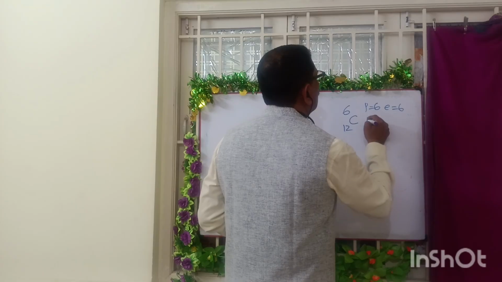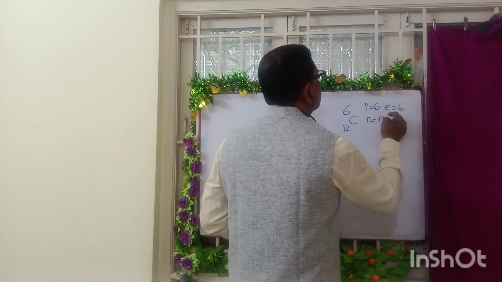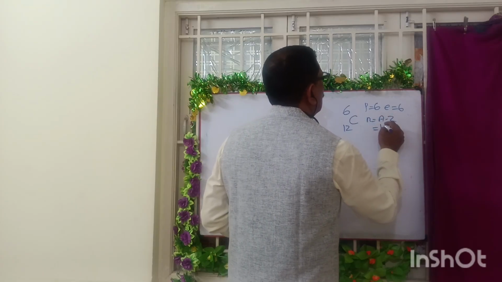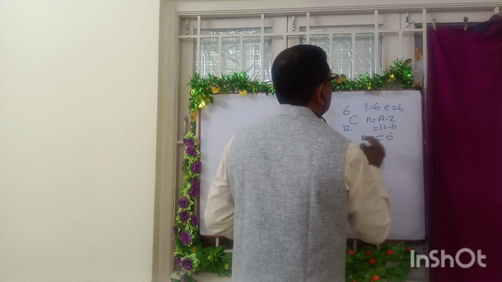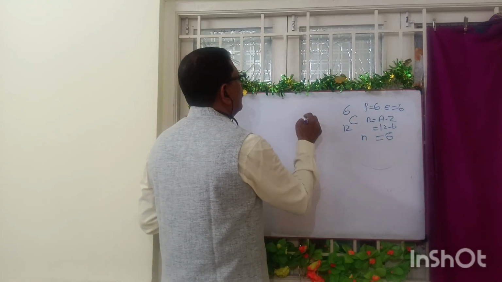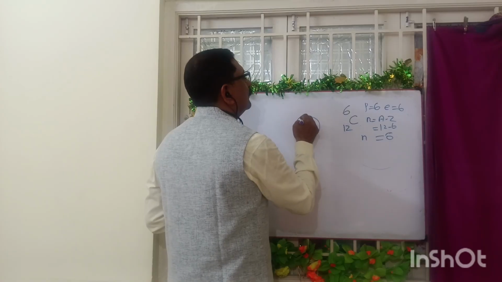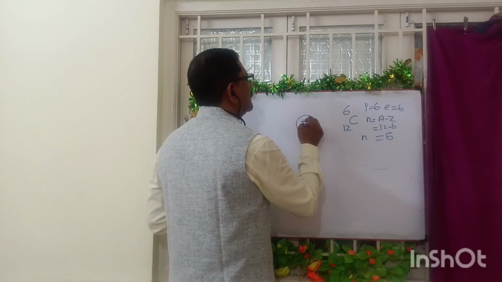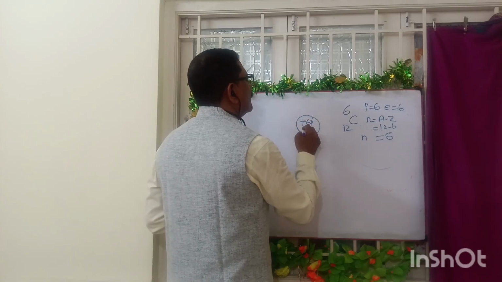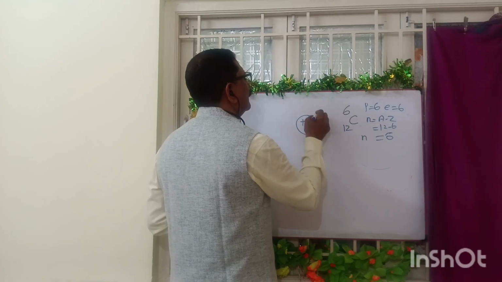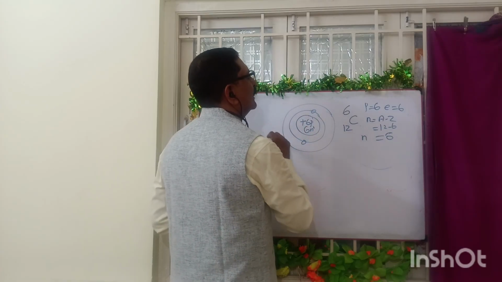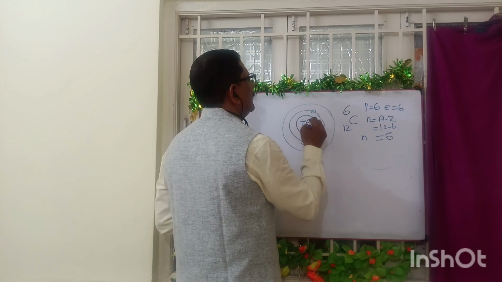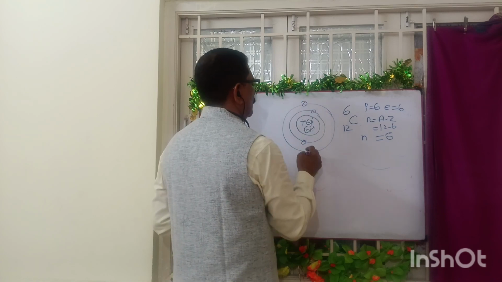Then neutron is equal to A minus Z, that is 12 minus 6, that is also 6. Plus 6 protons, 6 neutrons, first orbit 2, second orbit total is 6. When you finish first orbit 2, the balance is 4 only.